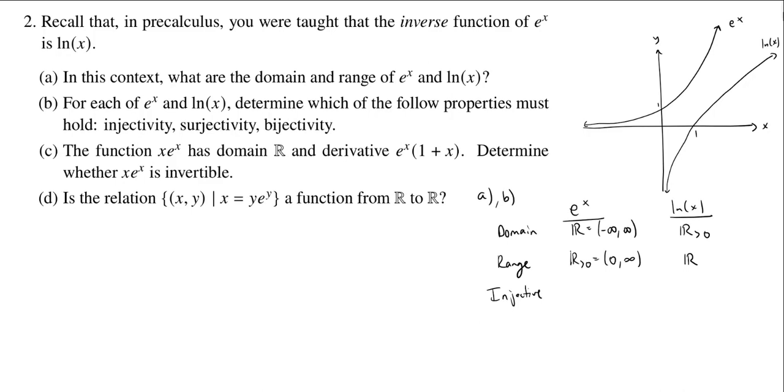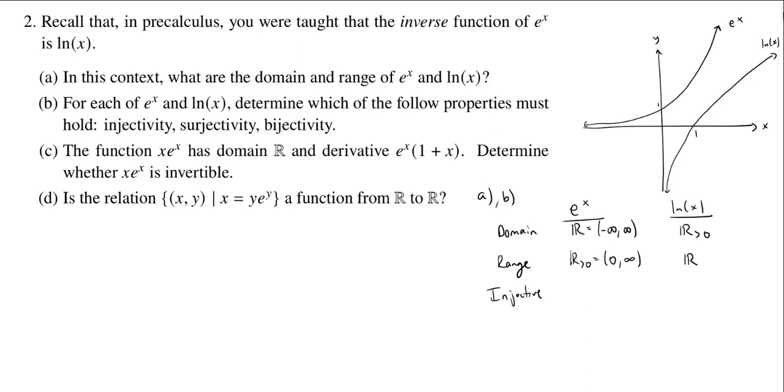Well, your function is injective if every output has a unique preimage, or if you like, every element of the codomain, which for e to the x, our range is the positive reals, but we could take the codomain to be all reals if we liked, or even all the positive reals, it doesn't matter as long as it contains the range.